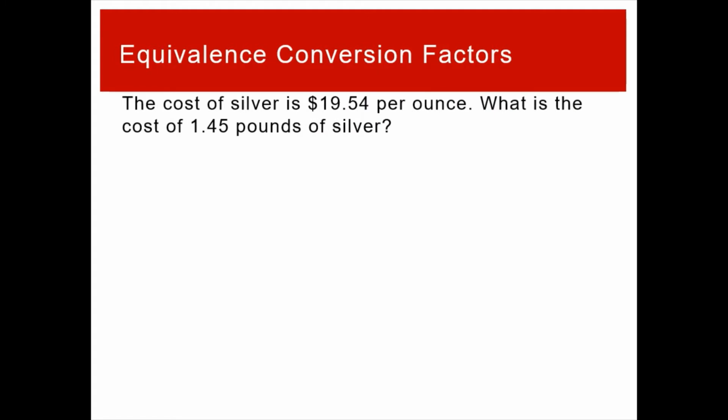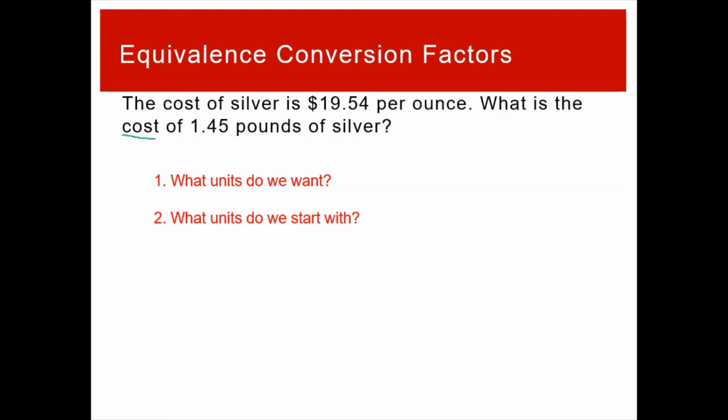Let's look at an example that's a little less scary. The cost of silver is $19.54 per ounce. What is the cost of 1.45 pounds of silver? What units do we want? So we can see if we read out the question, what is the cost? So you need money, dollars, cents, if you want to convert it to another currency, but it needs to be a money.